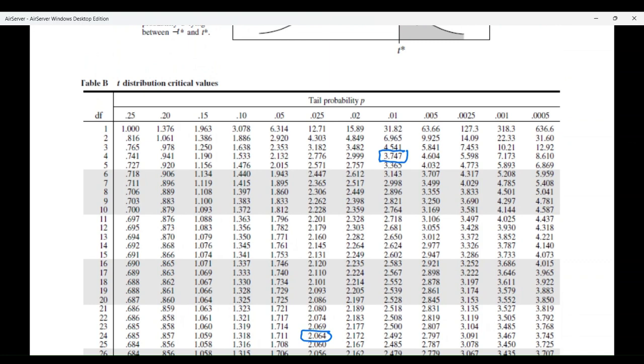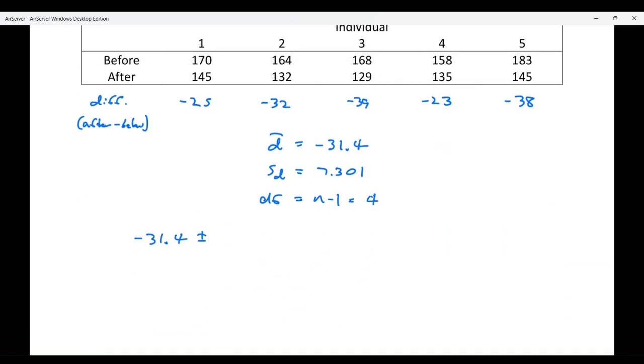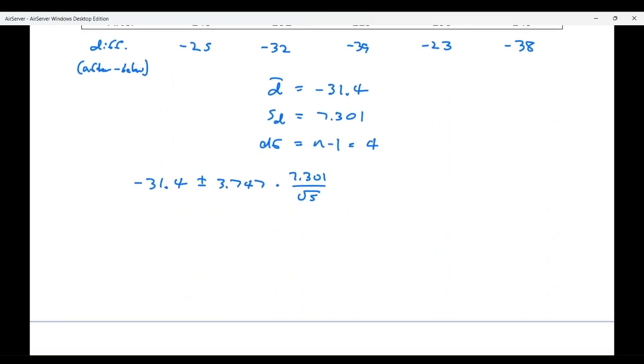So 3.747 times the standard deviation of the sample, 7.301, divided by the square root of 5, the square root of our sample size. And that gives us an interval of negative 43.63 to negative 19.17.